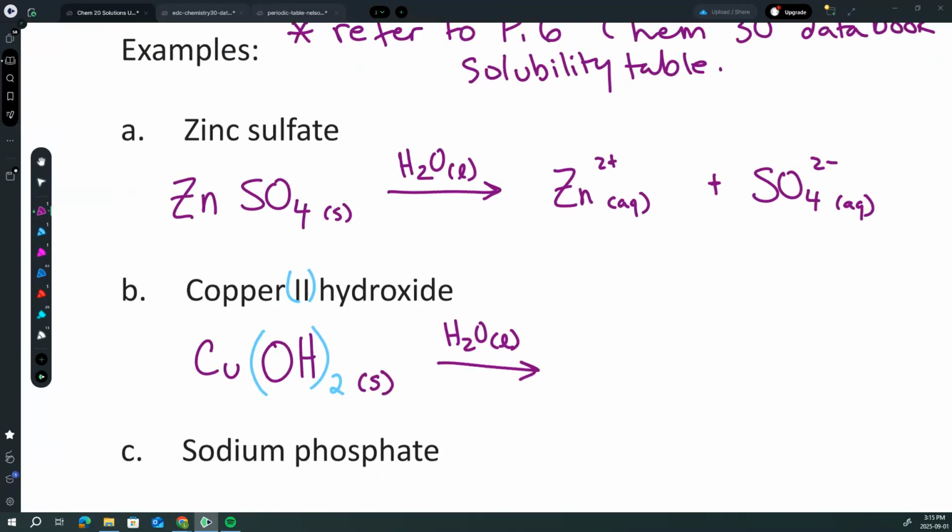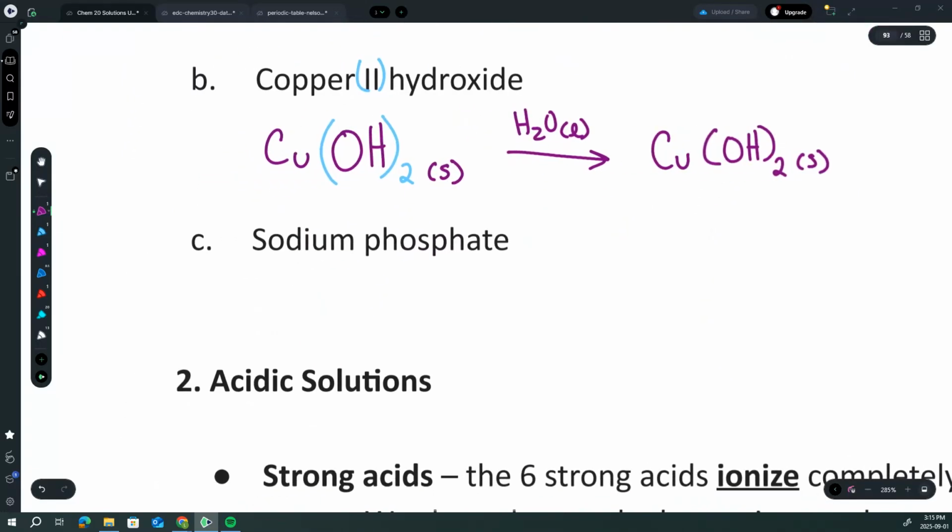Now, since we said that it was insoluble in water, we're not going to do anything. It's going to remain the same. That is not copper sulfate. That is copper 2 hydroxide. So we're not breaking it apart into its ions because it is not soluble in water.